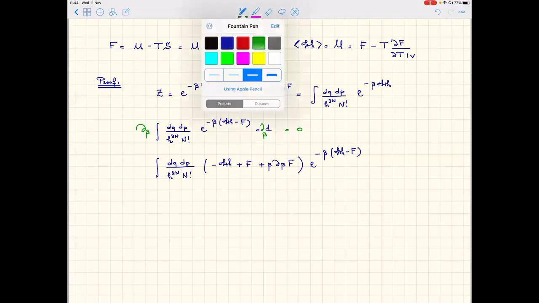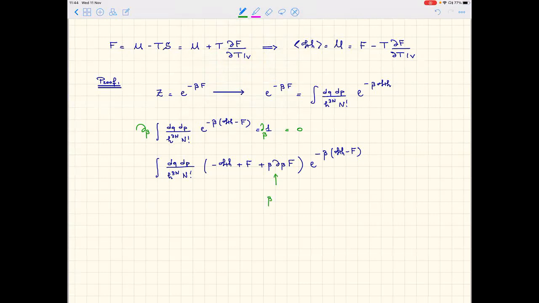And now, since beta d/d beta of something is equal to minus T d/dT, this can be written as the integral dq dp over h to the 3N N factorial of e to the minus beta (H minus F) times (F minus T dF/dT minus H), equal to 0.